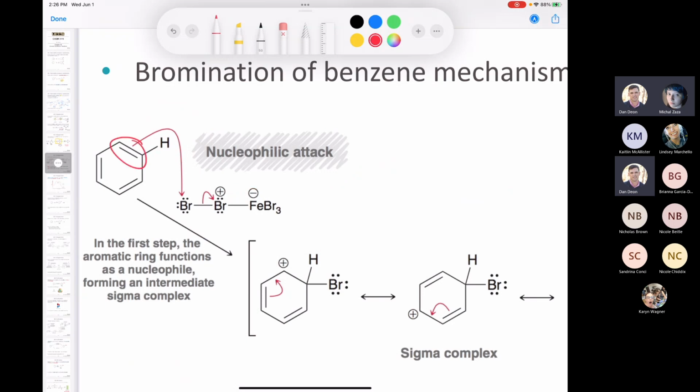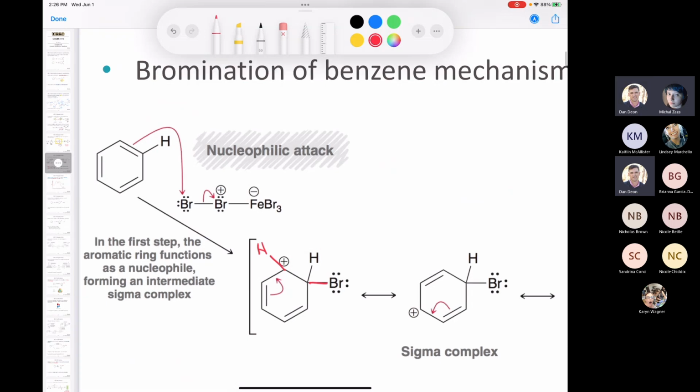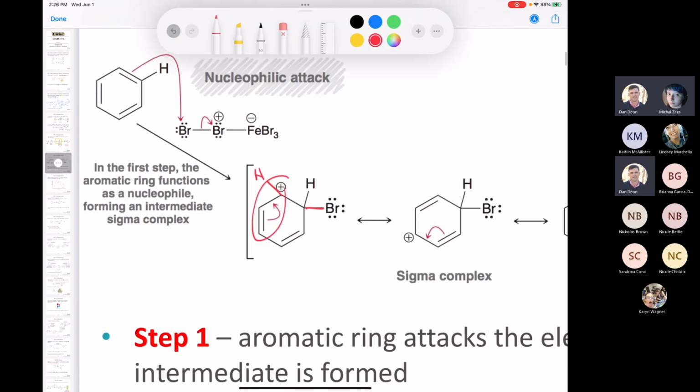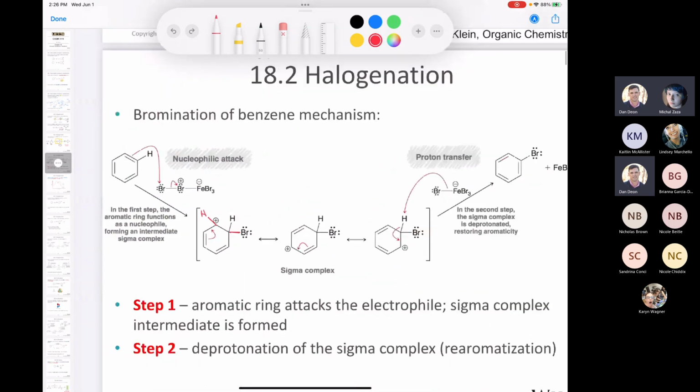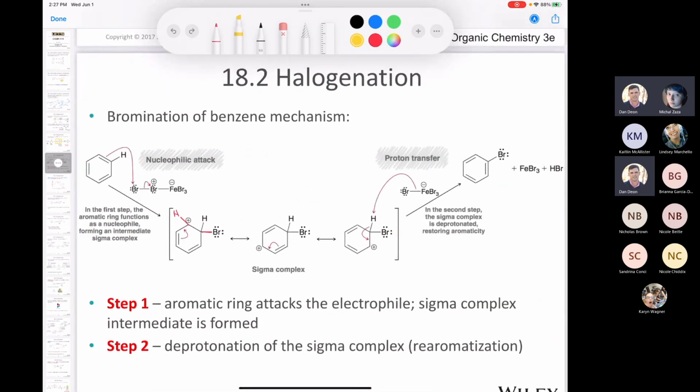When you break that pi bond, you form one bond to the bromine. That's this one here. But now this carbon only has 3 bonds, and it doesn't have the double bond. So now you have a carbocation, and that is an allylic carbocation. You can see here, we can draw 3 resonance structures, and we call this a sigma complex.